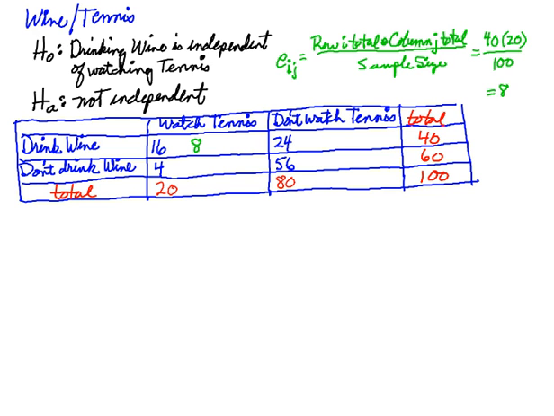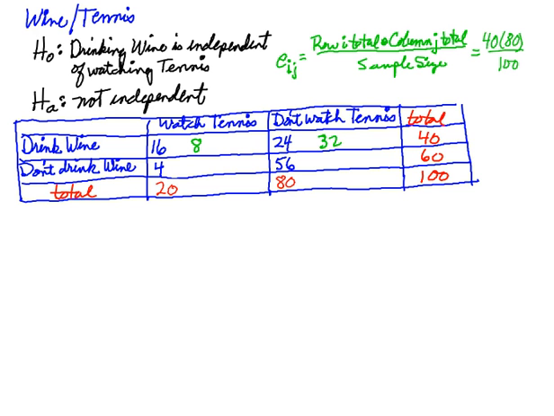Now let's go to our observed frequency 24, and that is in the first row, second column. So I'm going to take 40 times 80 divided by 100 and get 32 as my expected frequency. So 80%, again this makes sense, 80% of the total people surveyed said they don't watch tennis.